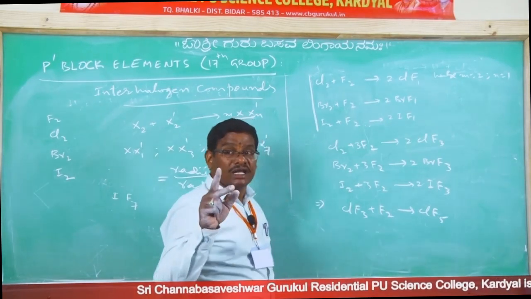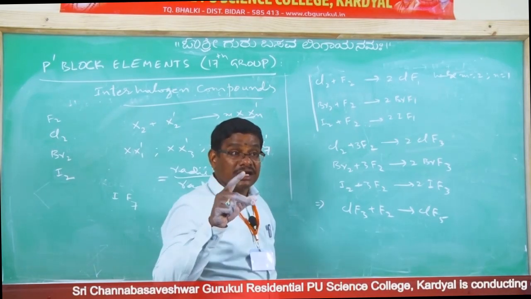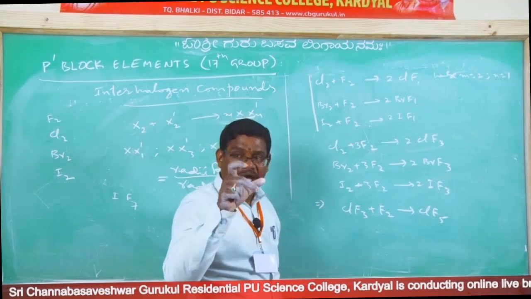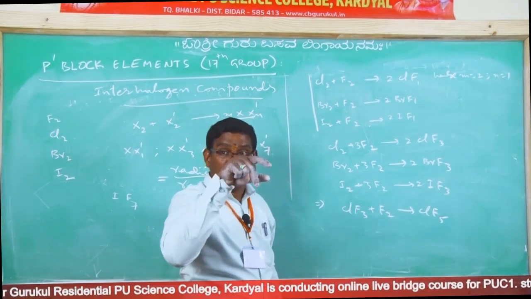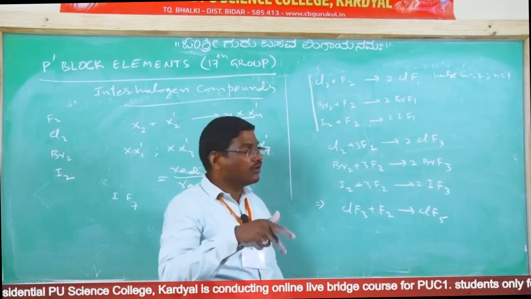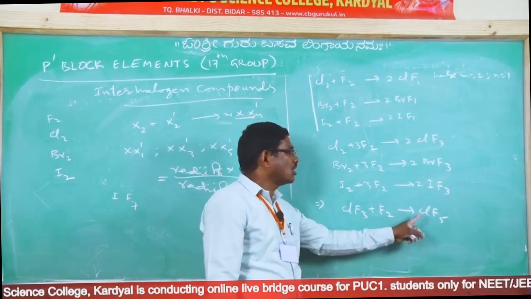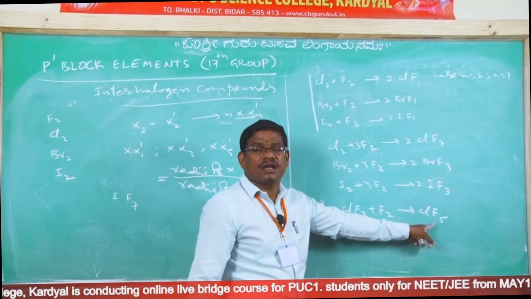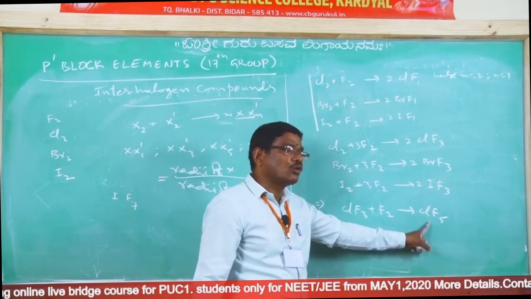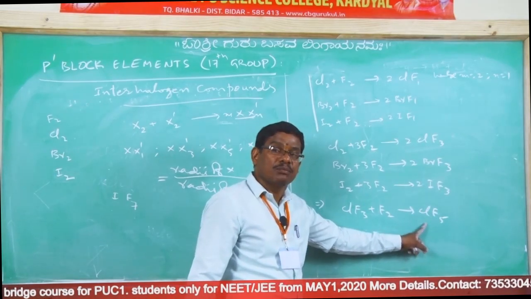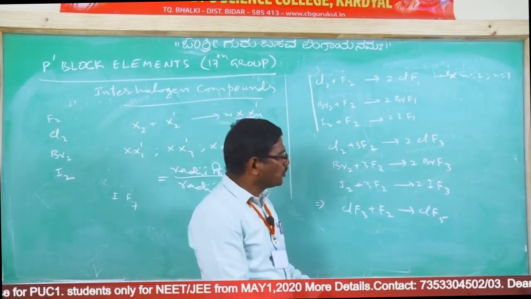So interhalogen compounds we may get by direct treatment of halogens in elementary form, or else a lower interhalogen compound when further treated with a halogen gives an interhalogen containing more halogen atoms, or a higher oxidation number.